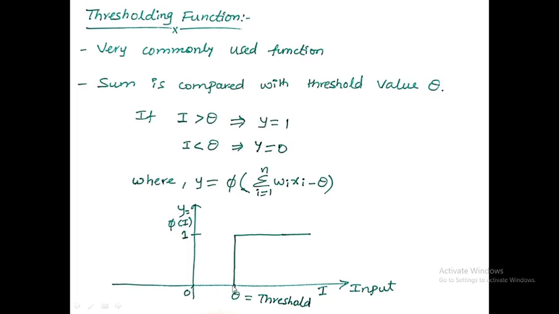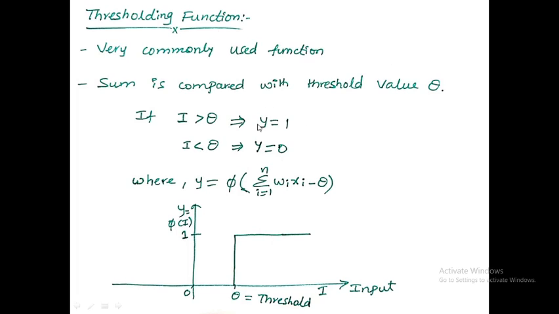If I is less than theta, where theta is the threshold value, then before theta your value of the output should be 0. That's what is indicated here. If it is greater than theta, your value should be equal to 1. That's what we have indicated here. In a similar way, we have drawn the diagram also.